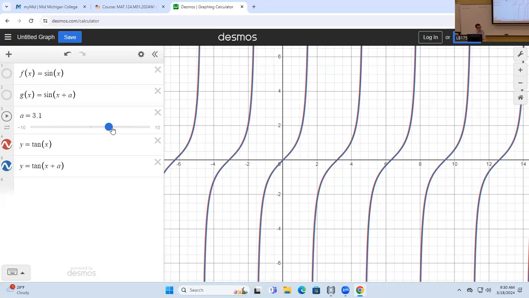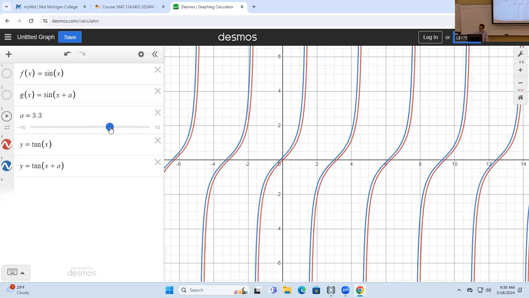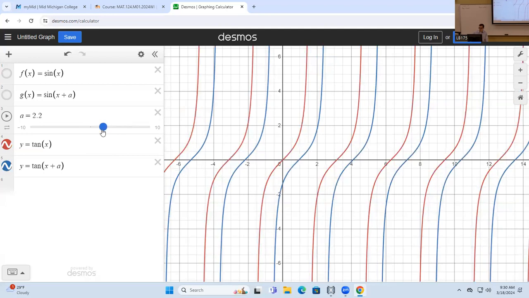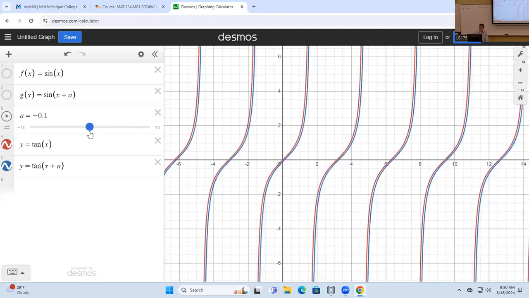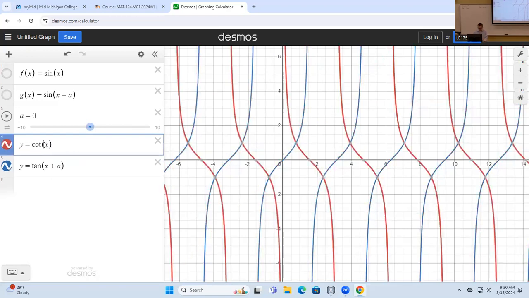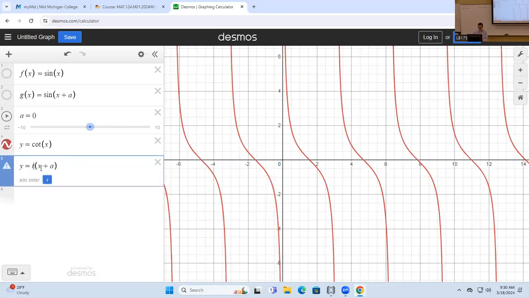We're okay with that? Fundamental period is pi. Go back down to 0. If that works that way for tangent, you should probably say, oh yeah, cotangent does the same thing.